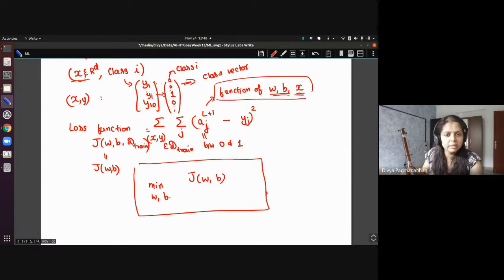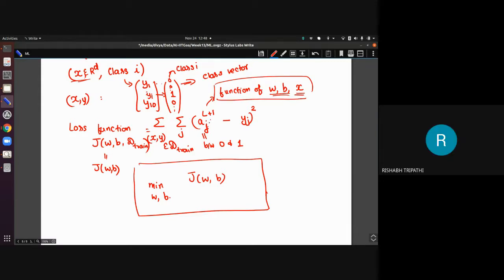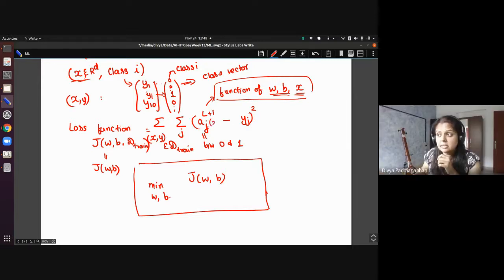So there it's going to depend on X. Yes, of course, what you say is right. This is a function of X. I'm just not writing it here, otherwise it becomes very cluttered.